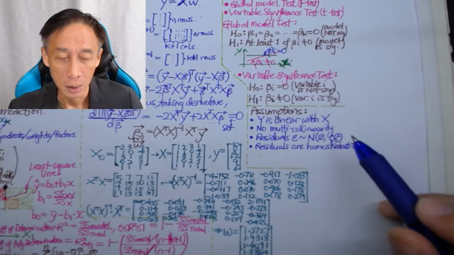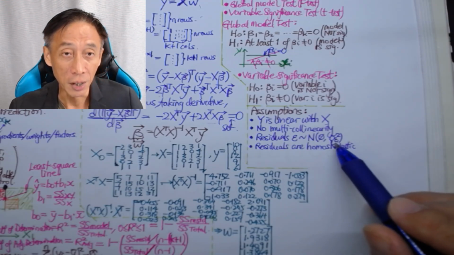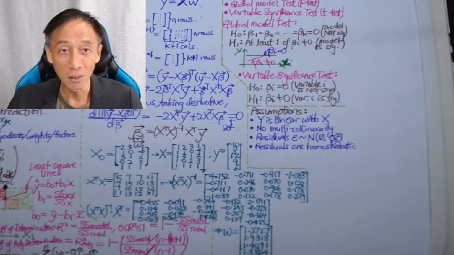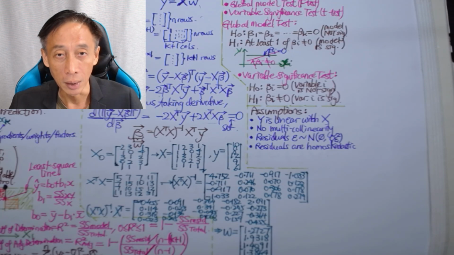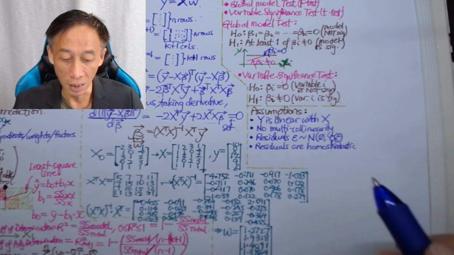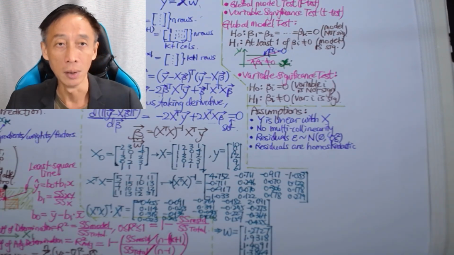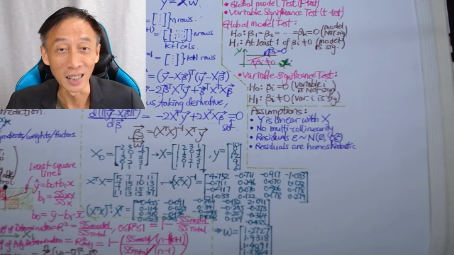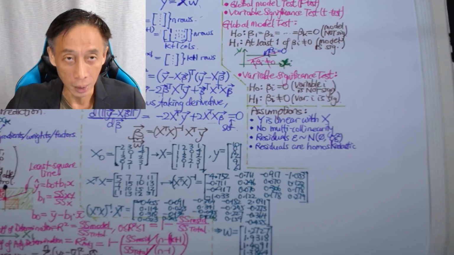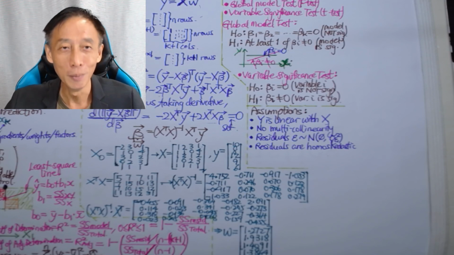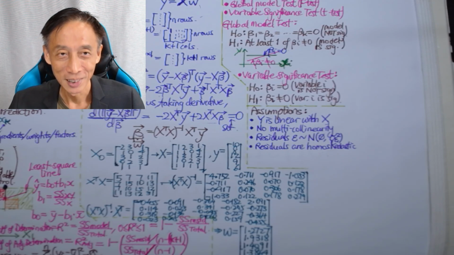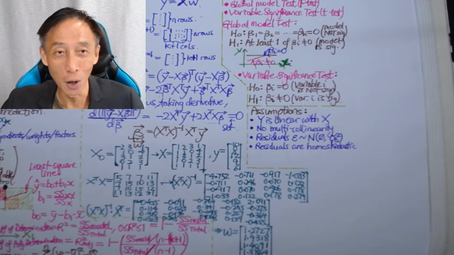But this variance might change with the values of x, any x, x1, x2, x3, so that the larger the x values, the larger the variance, and the smaller, the smaller. It could happen. I'll give you an example. If you stay far away from campus, the time of travel from your home to campus tends to vary a lot more than for those who stay close.